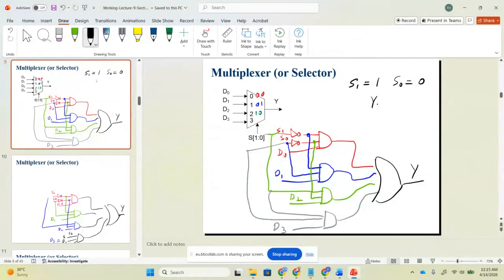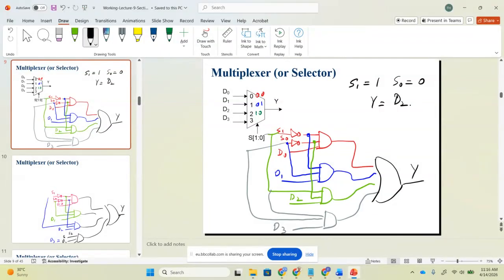What should be the value of Y? Can you tell me? Help me. I want a quick answer. What will be the value of Y? Is it 1? Wrong. D2. Very good, D2.